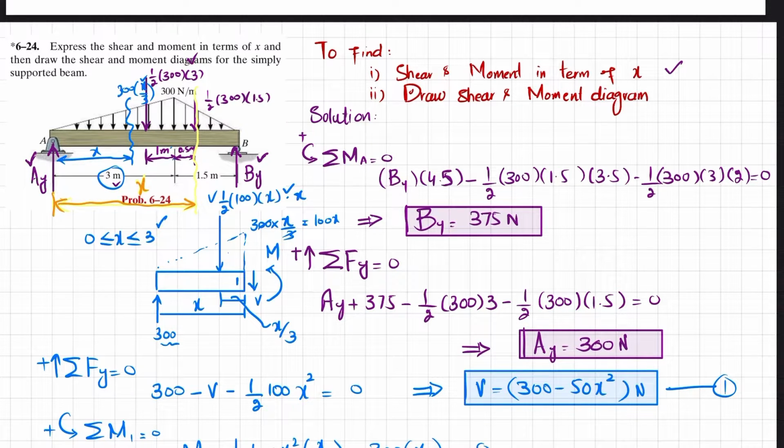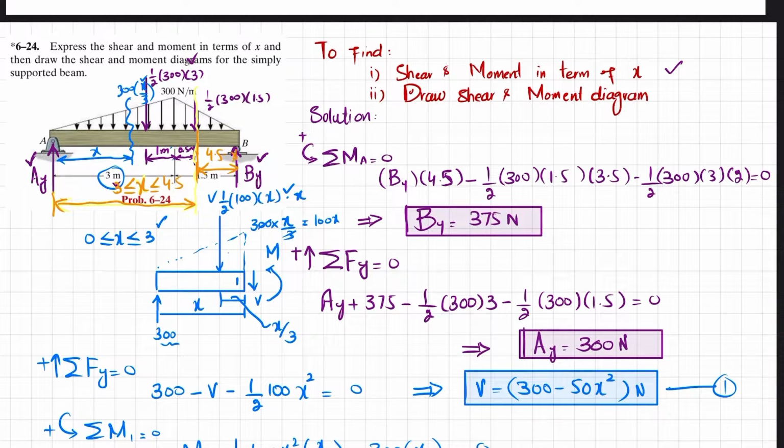Now you can see that x is greater than or equal to 3 and less than or equal to 4.5 meter. The total length is 4.5, so the remaining portion will be 4.5 minus x.